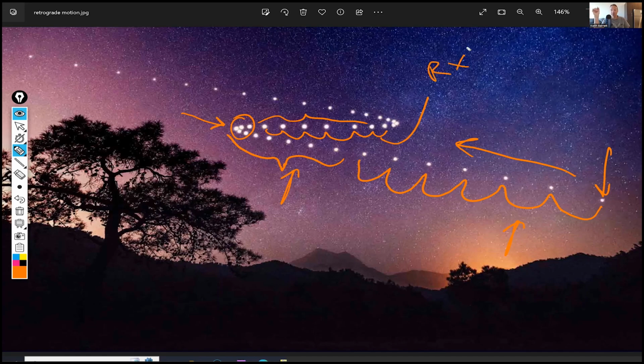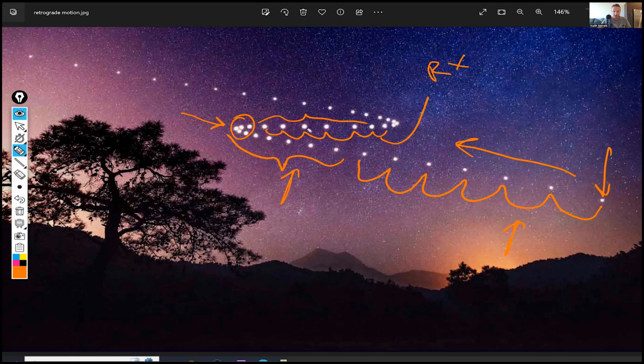It appeared like it was going in reverse. Now, planets don't actually go in reverse. This is just when planets are orbiting the sun in relationship to the Earth orbiting the sun. Our view from our earthly perspective makes it look like these planets are going in reverse. But it's just from our point of view.